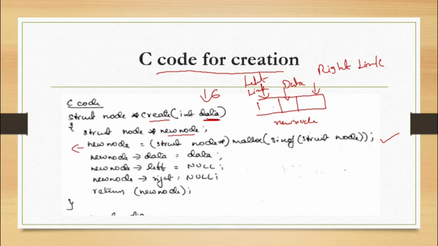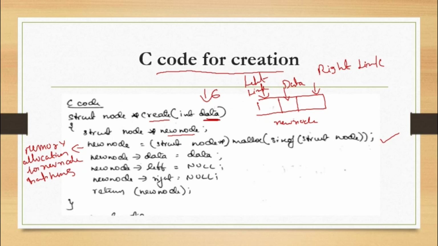So here what happens? Memory allocation for the new node happens. Next, what do I do? I set the new node's data as data.